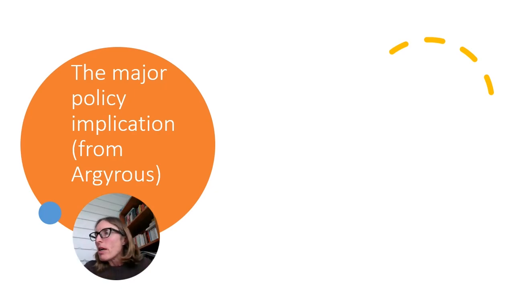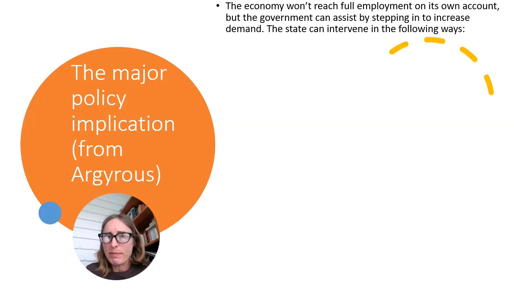So the major policy implication, and this is from the reading, is that the economy won't reach full employment on its own, but that the government can actually assist by stepping in to increase demand. Employment is the key to consumption, because when people are earning an income, they are then able to consume. And it's consumption that drives production and economic growth, not the inverse. It's not production that drives consumption.